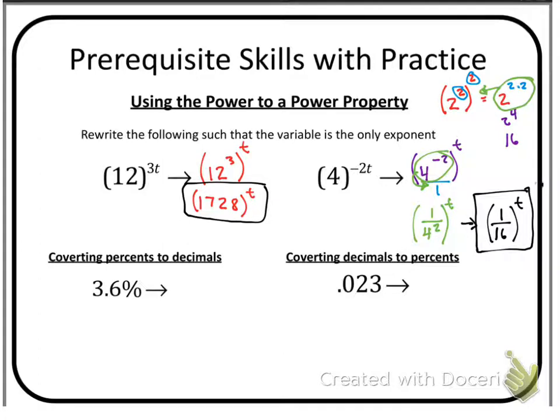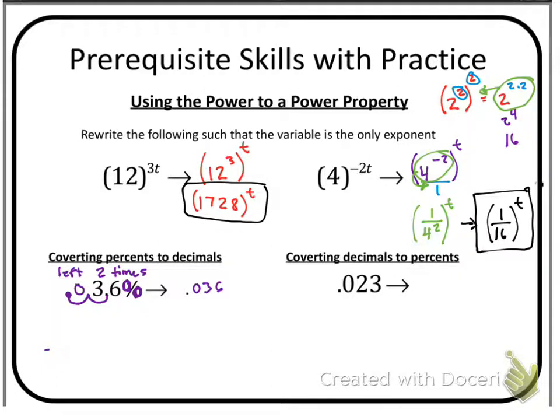All right, converting percents to decimals. Percents to decimals will be moving to the left 2 times, and a lot of people remember it because there are 2 zeros on the percent sign. So you move 1, 2, and any space that you have a gap in, you fill in a 0. So percents to decimal, this will be 0.036.